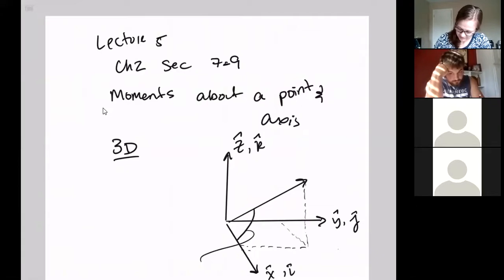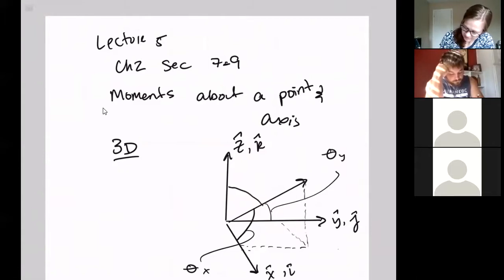So this would be a theta x, and the angle between that force vector and the y-axis would be theta y. And as you can probably imagine, this is going to be theta z. So you can define it in that way.